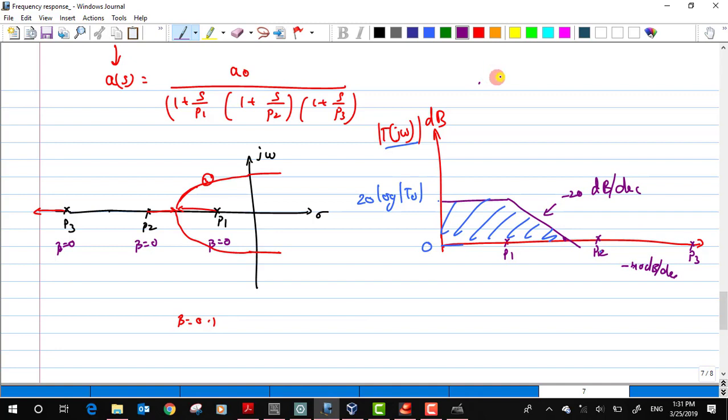When I state A of j omega times beta, I am trying to read the angle. This angle can be read by adding the angle of A of j omega and the angle induced by beta, because these are phase angles, and a product term can be written as an addition. Now, how much phase is contributed by this beta?